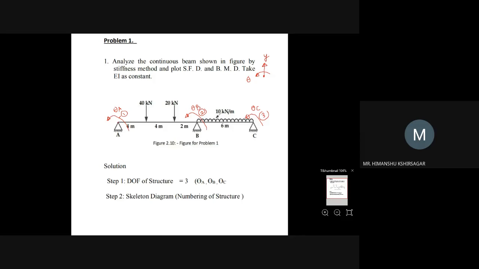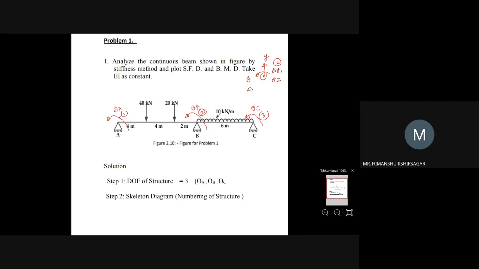In the case of a beam, at a free node where there will be no support, the possible degree of freedom will be 2, that is delta Y and theta Z. But this is at a free node where there is no support. And we are not considering X deformation, so the X direction force also will not be considered.